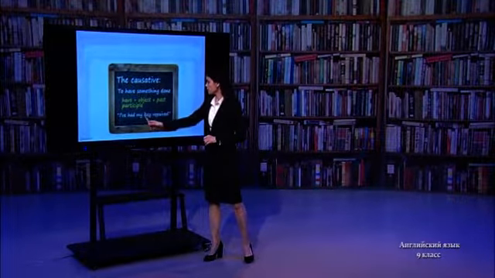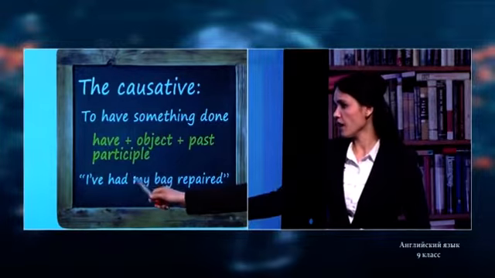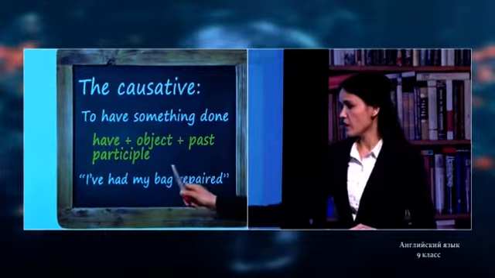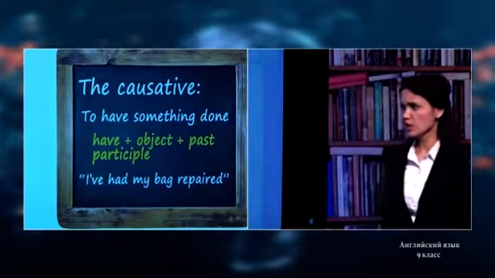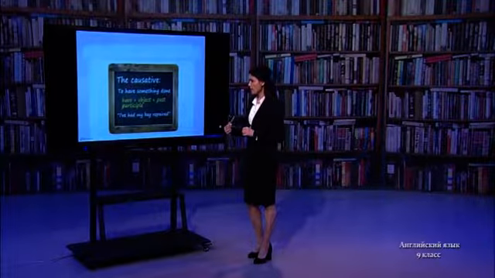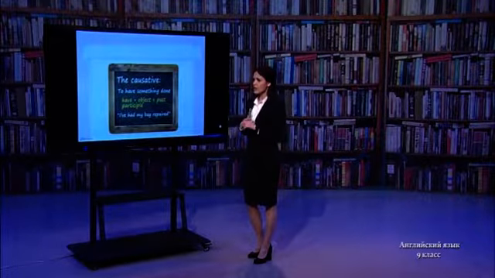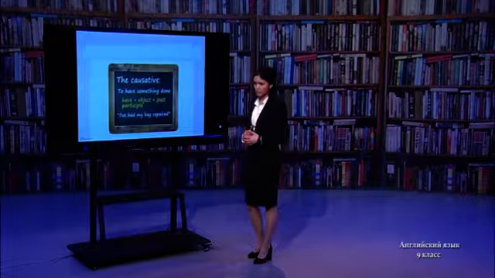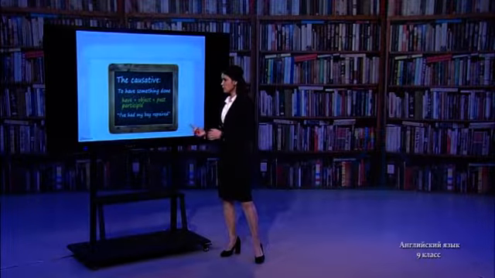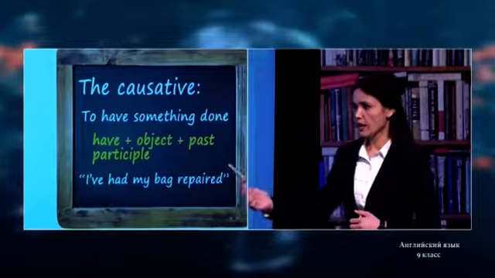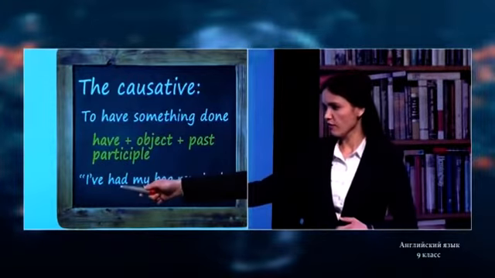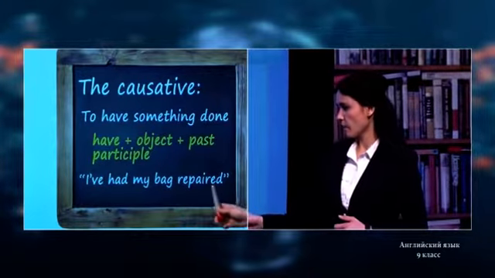So let me give you an example: I have had my bag repaired. In this sentence, that means I can't repair it myself, and I asked somebody to help me repair it. So I use this structure, have had my bag repaired.